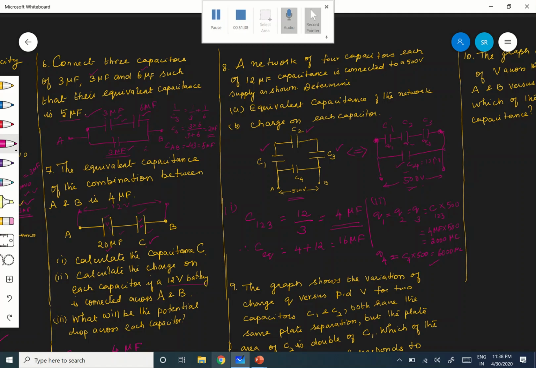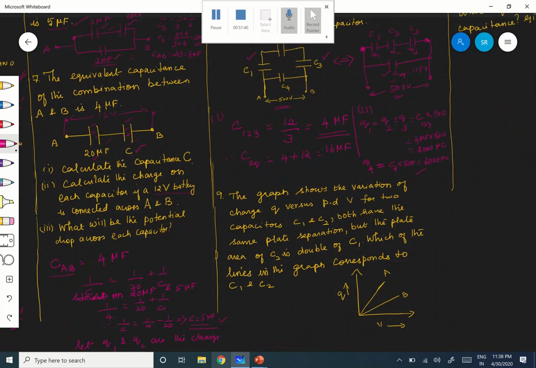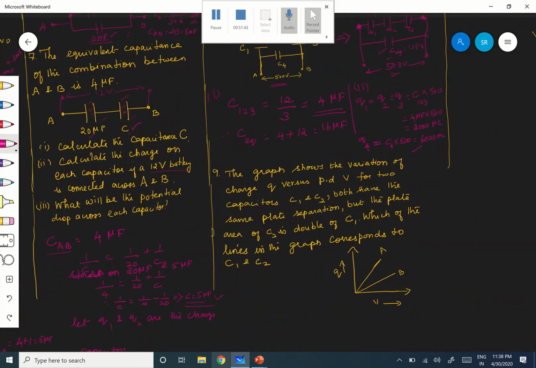Right? Next one. For a change, now it is a graph. It is a very, very simple problem. You see, a graph shows the variation of charge Q versus the potential difference V for two capacitors C1 and C2, right?